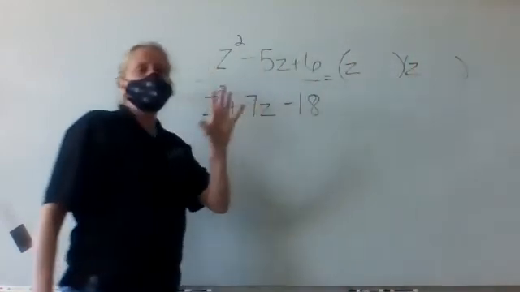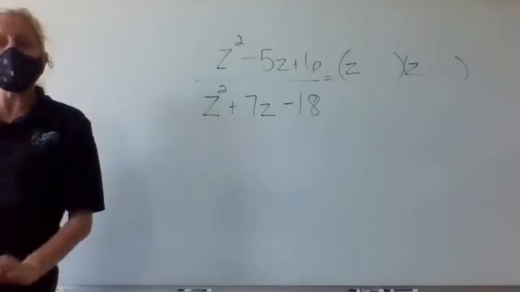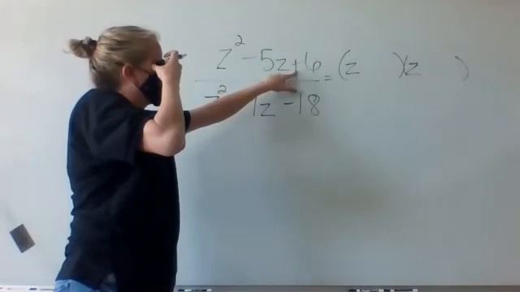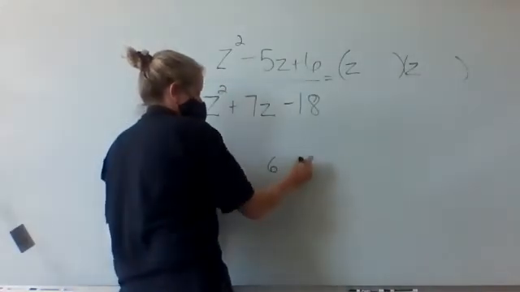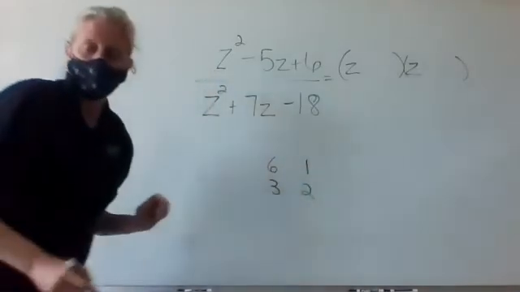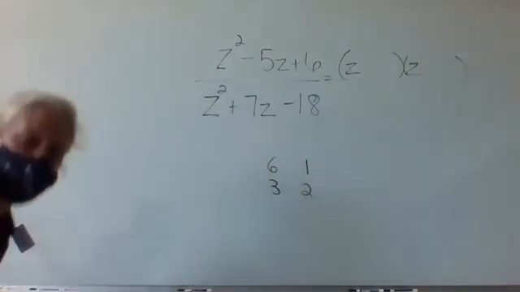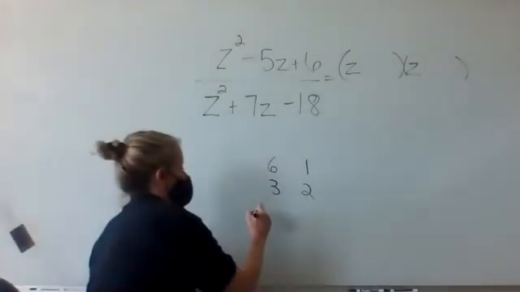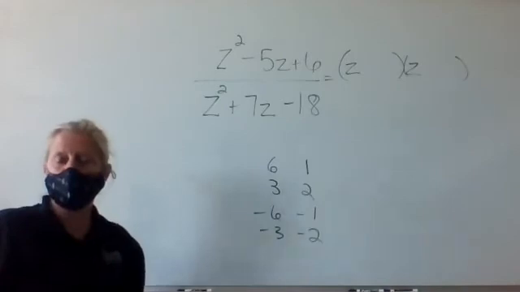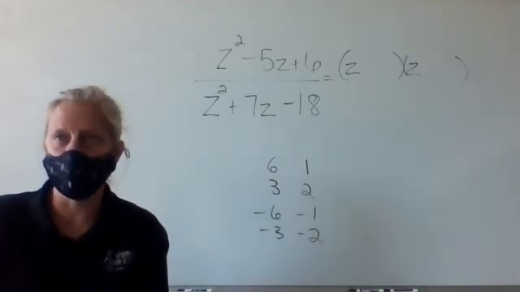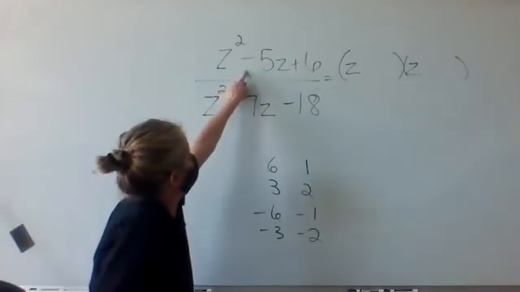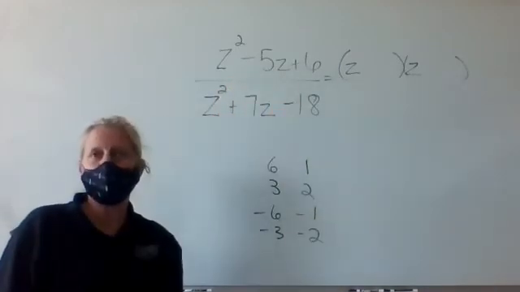You just have to realize what your signs have to be. If you're multiplying to equal a positive 6, 6 times 1 or 3 times 2 will give you positive 6, but also if they're both negative, those will also give you positive 6. Now I'm looking for the pair that adds to negative 5.